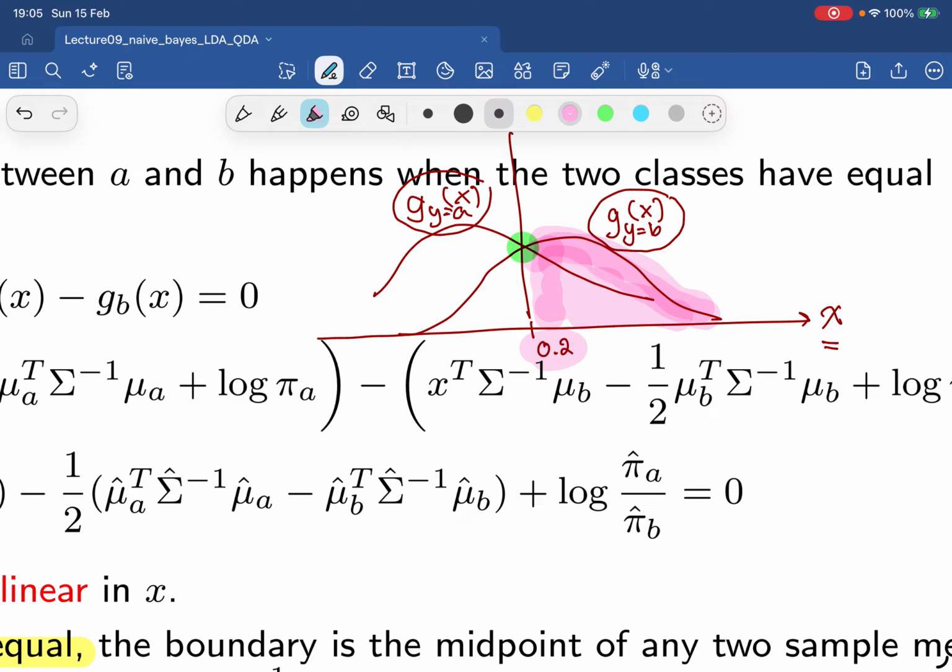So you want to see just the transition, right? When it's becoming the other one, rather than the previous one. So that's the reason why we want to see the decision boundary.